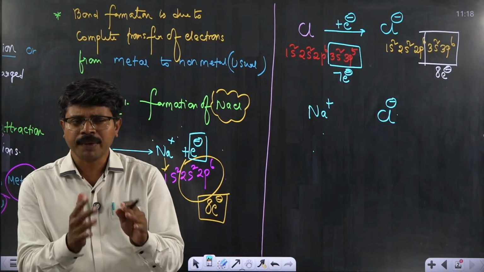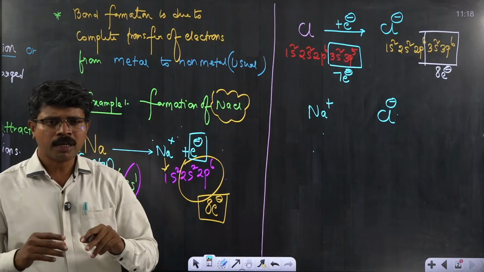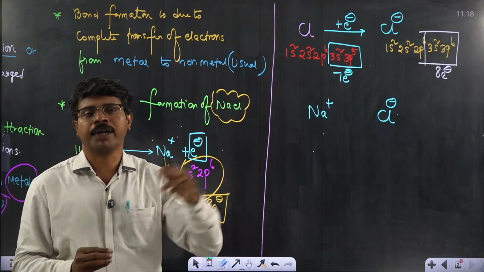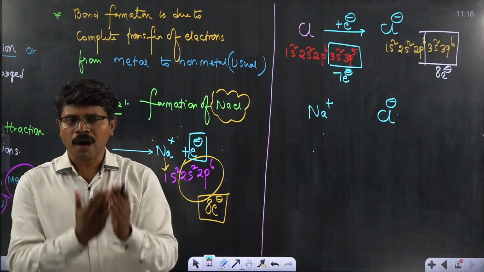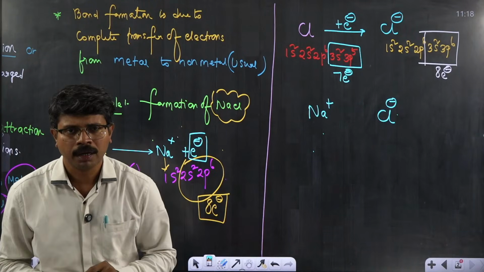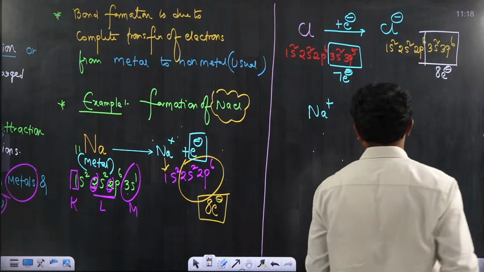This is a complete transfer of electron. The bond formed by complete transfer of an electron is considered to be an ionic bond. Another definition of ionic bond we will also talk about.